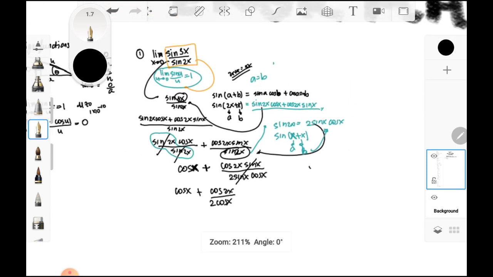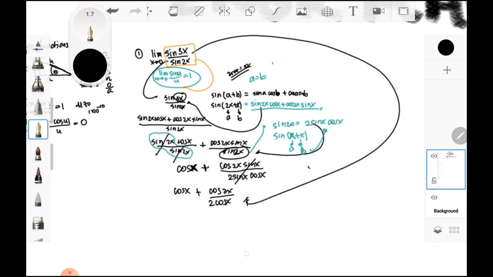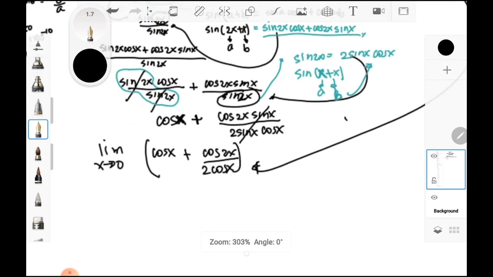So let's get the limit of this one. Take note that this function is similar to this function; it is just our simplified function. Getting the limit of this function as x approaches 0, we'll have cosine 0 plus cosine 0 divided by 2 cosine 0.